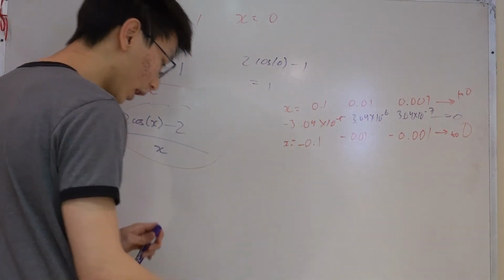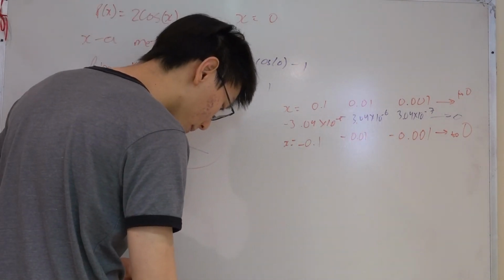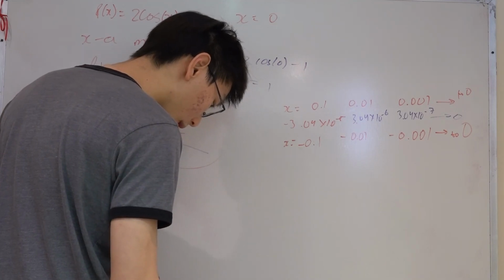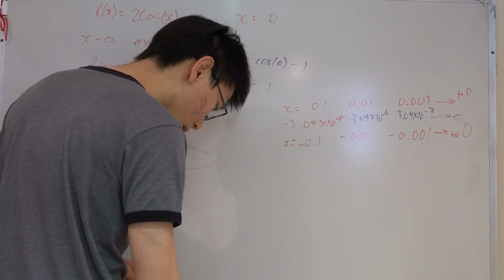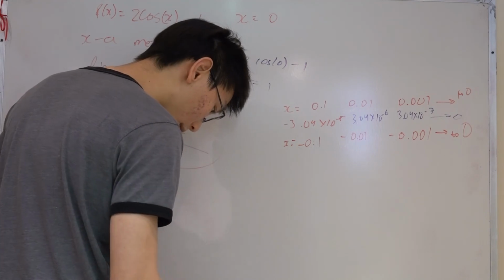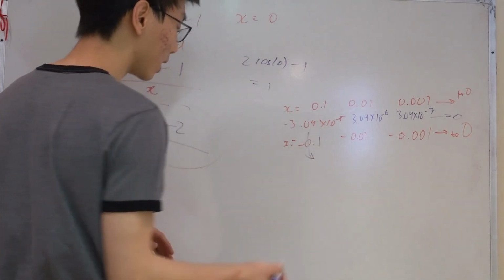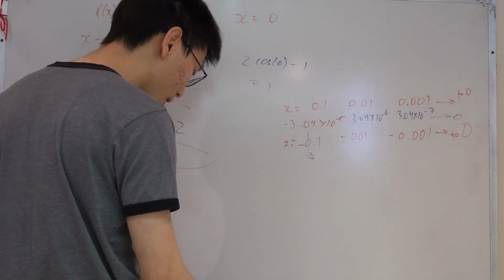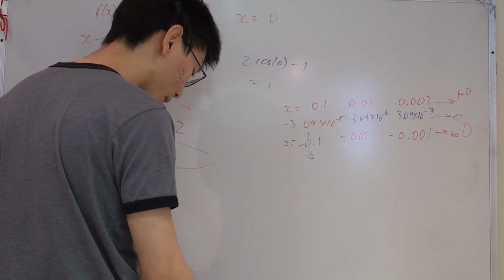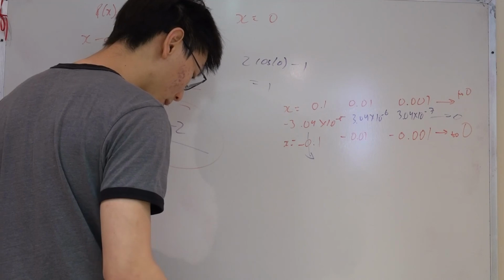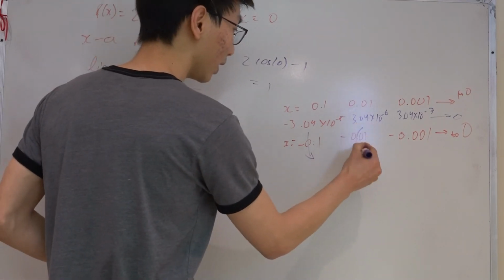Meanwhile, let's see what happens if I try it for the negative values. So negative 0.1, all right, it looks like I've got the exact same value here. And I'm willing to bet that if I put 0.01, yep, it's the exact same value here.